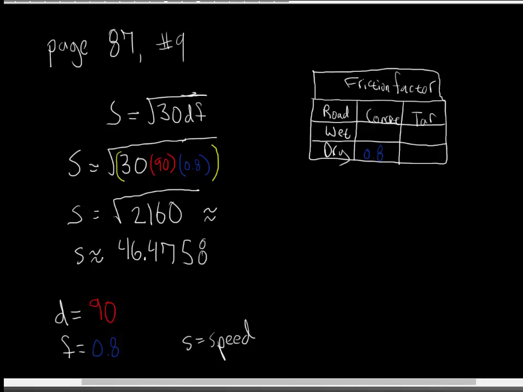But all I really care about is this number out in front, the 46. Is that number greater than or less than 35? Clearly it's greater than, so we can say for sure the car was speeding.